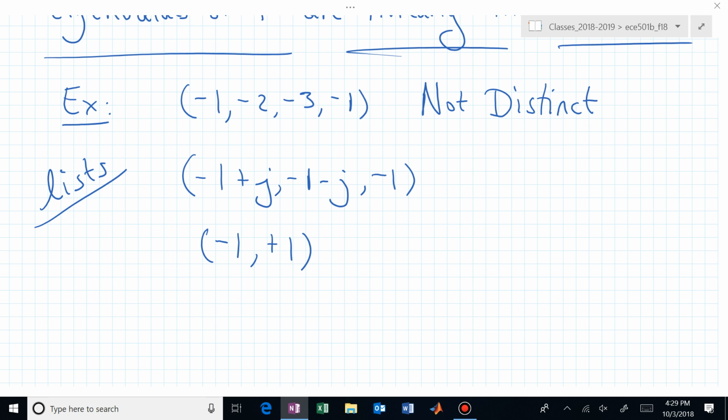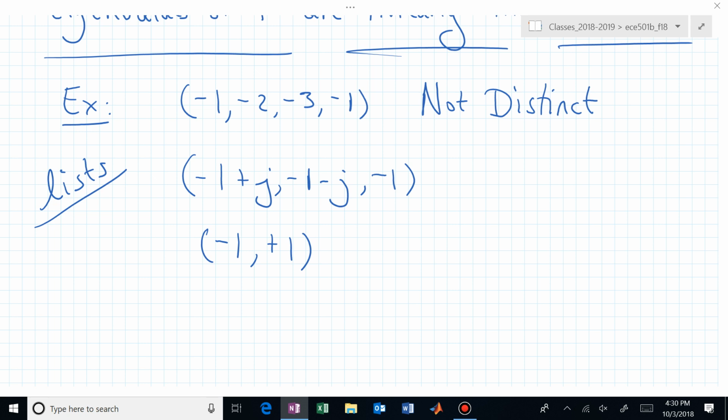But that list by itself is not distinct. That's not distinct, okay? I shouldn't say any more, because we can create a diagonal matrix that would have linearly independent eigenvectors for that list. But it's not required.